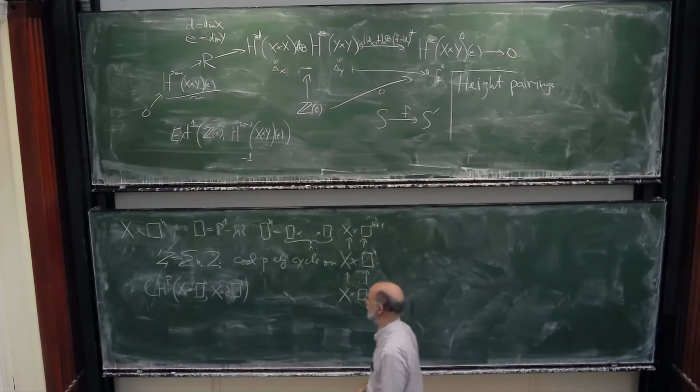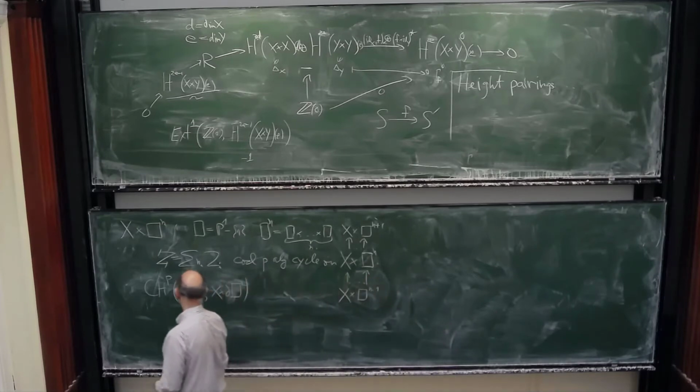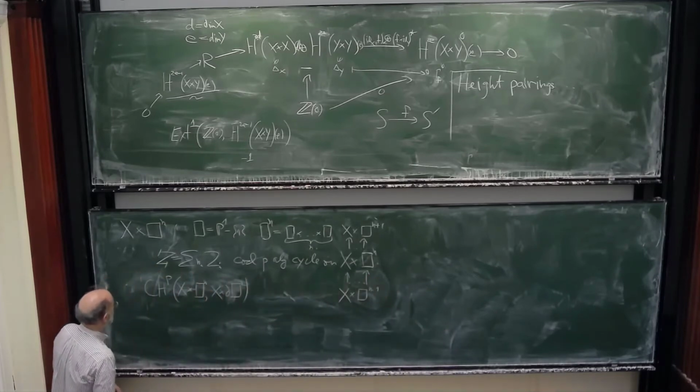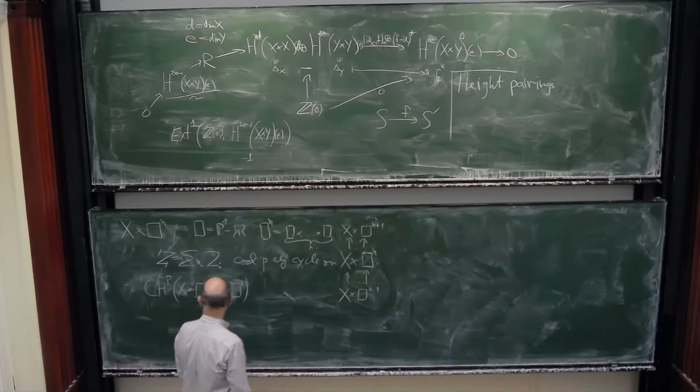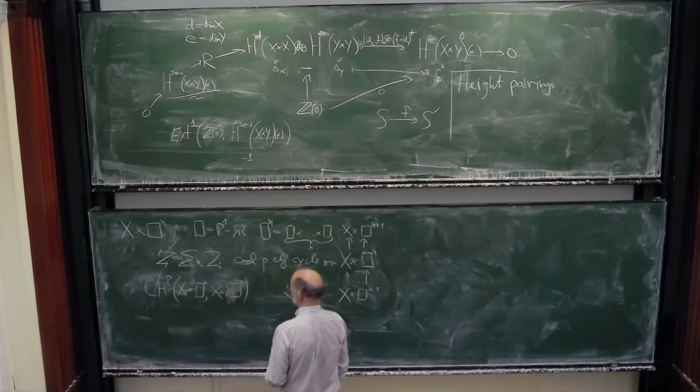So there is a calculus of these things. I don't want to spend a lot of time. It's familiar now. It goes back to actually MacLane, I guess, in the 1930s.